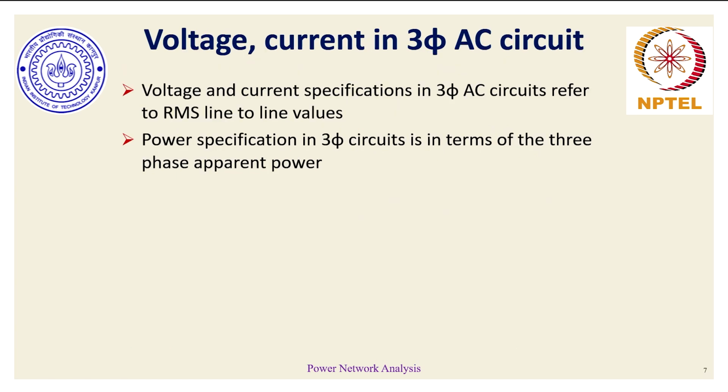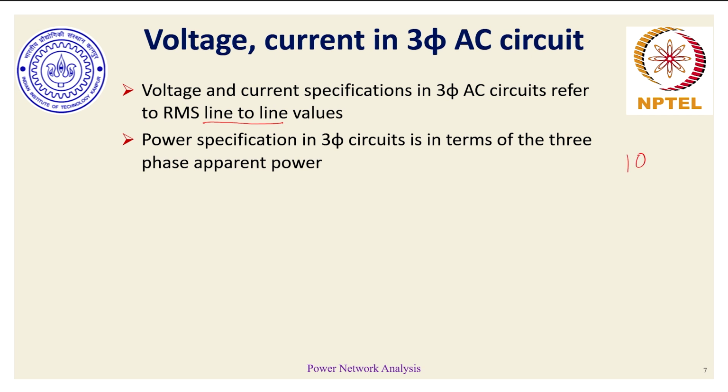Coming to voltage and current specifications for three-phase AC circuits. In single-phase AC circuits, the voltage and current specifications are typically defined in terms of RMS values. In three-phase circuits, the difference is that it is defined on a line-to-line basis, or I would say phase-to-phase basis.